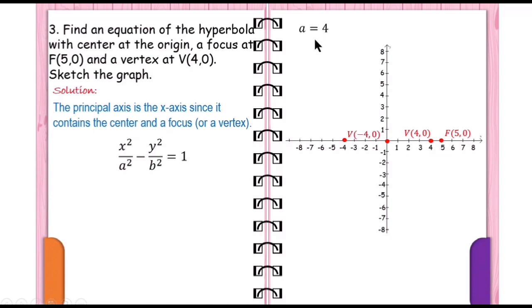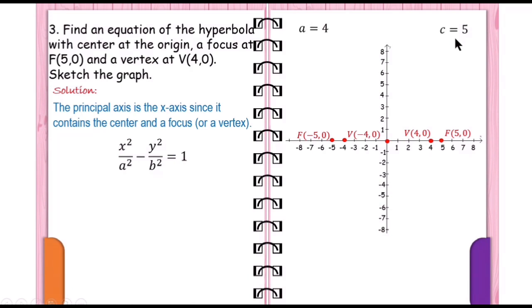Thus, a is equal to 4, while c is equal to 5. One of the foci is at (5, 0). Therefore, the other point is at (-5, 0). The distance from the center to one of the foci is 5 units. That is why c is equal to 5.